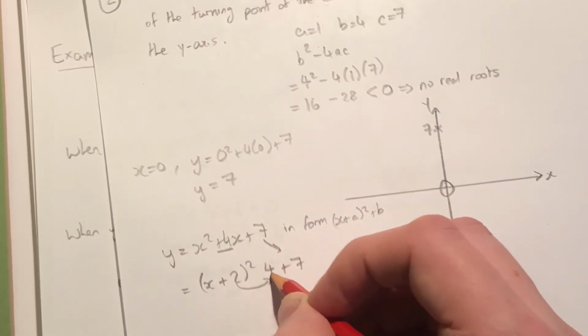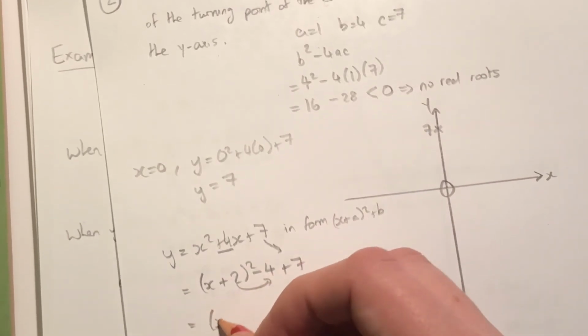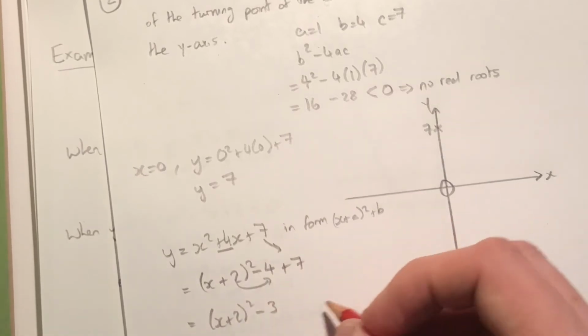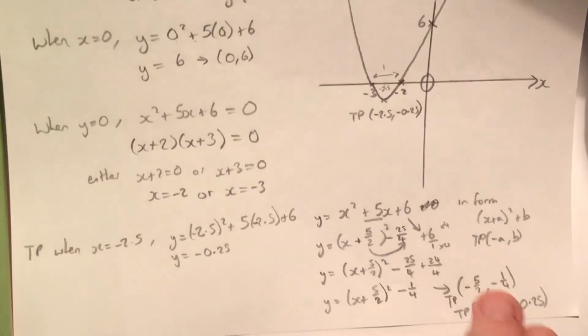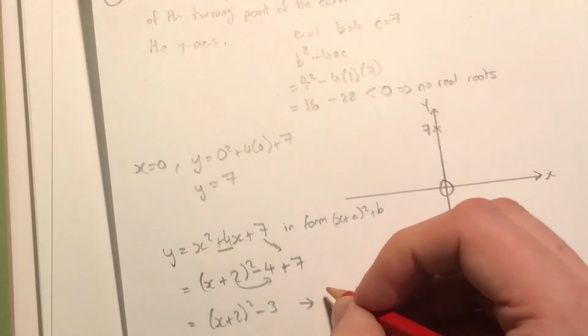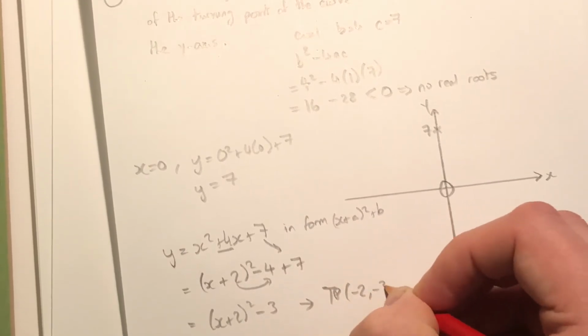Square it gives you 4, and we minus that answer when it comes out the brackets. So we get x plus 2 all squared minus 4 plus 7 minus 3. And just as before, when we said that our turning point, when it's in that form, is going to be negative a, b, we can say this is going to be turning point of negative 2, negative 3.